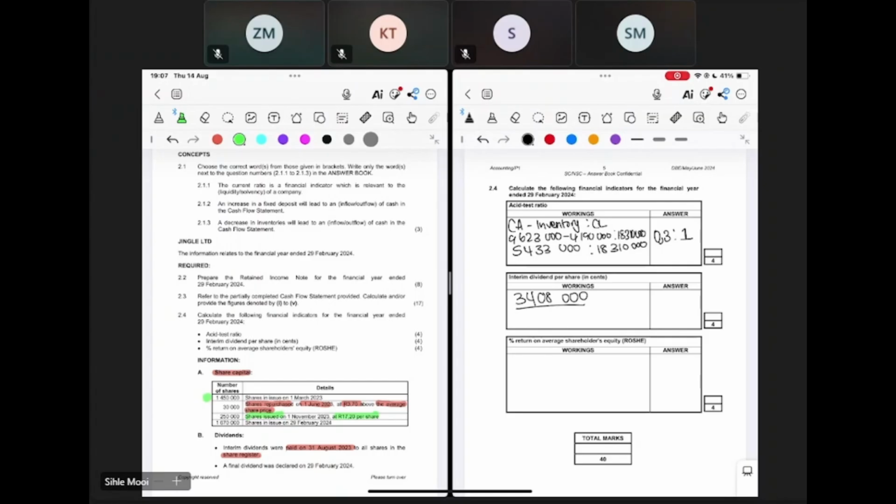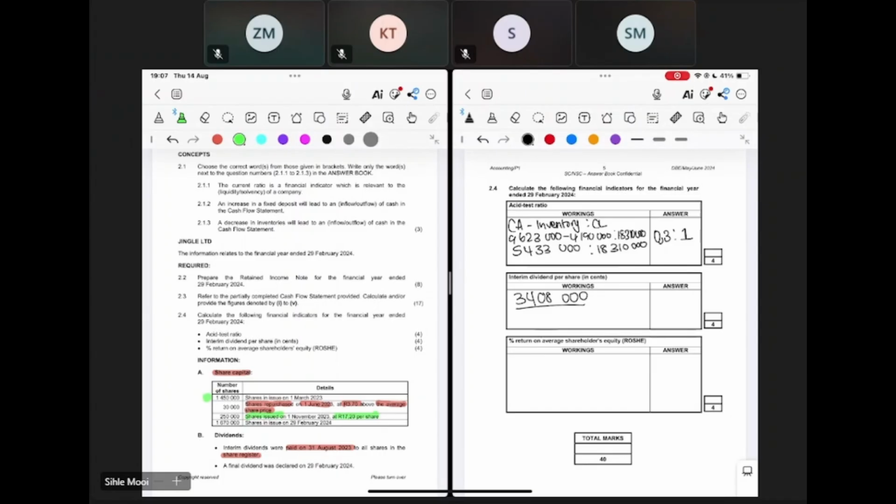There was a buyback, so we subtract the 30,000. 1,450,000 minus 30,000 now gives us 1,420,000.